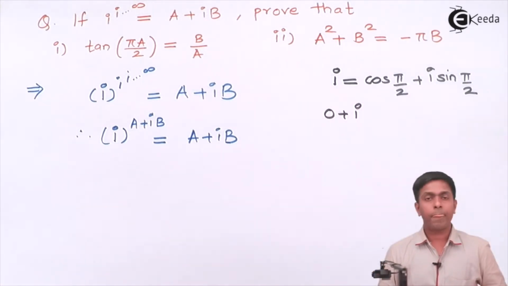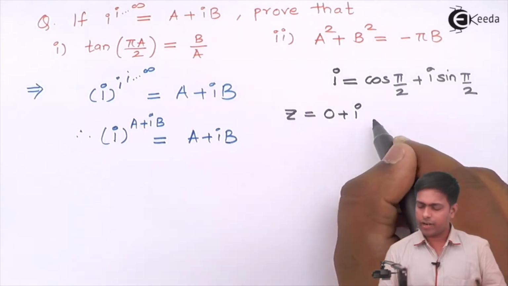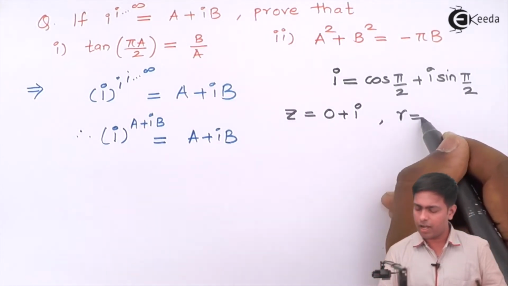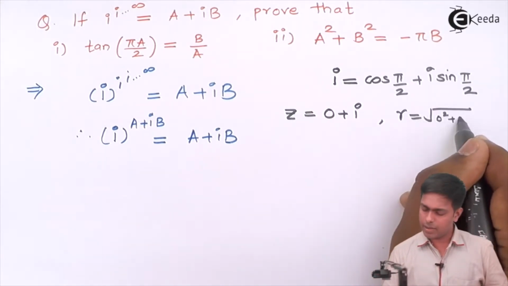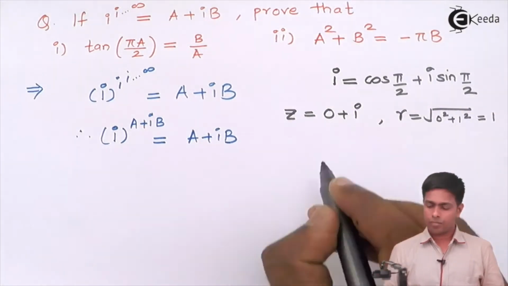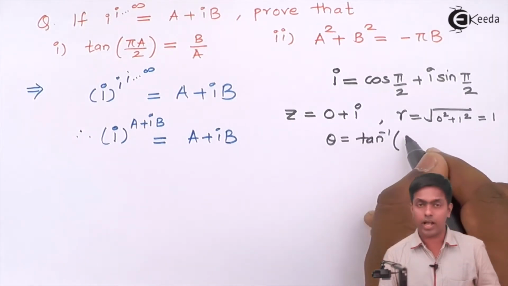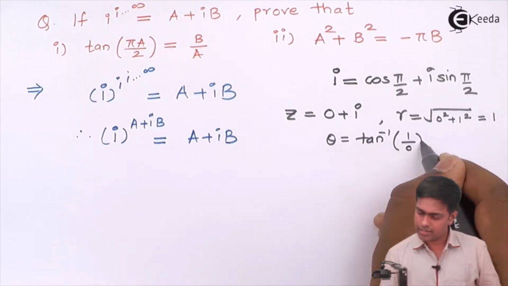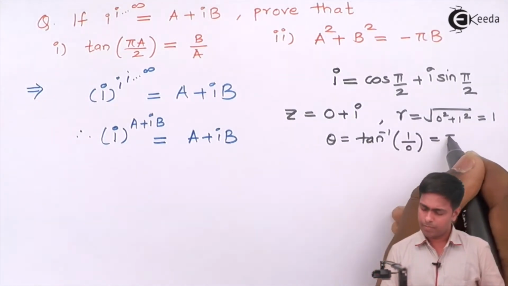So i is 0 plus i. For this complex number z, the value of r is the square root of real part square plus imaginary part square, which is equal to 1, and theta is tan inverse y by x, where y is 1 and x is 0, which is infinity, and tan inverse of infinity is pi by 2.